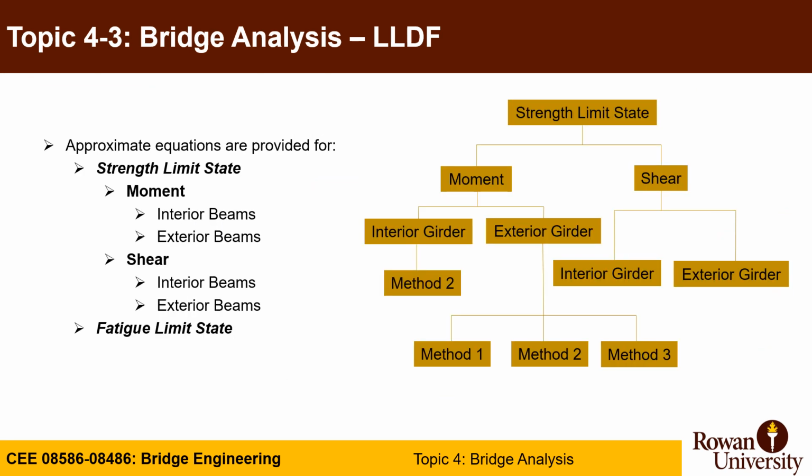Now, there is one flow chart that we developed here in order to help you see which method you're going to use. If you calculate for moment or shear, you have to calculate moment for interior or exterior. For interior, you only use method 2, which is the AASHTO LRFD table.